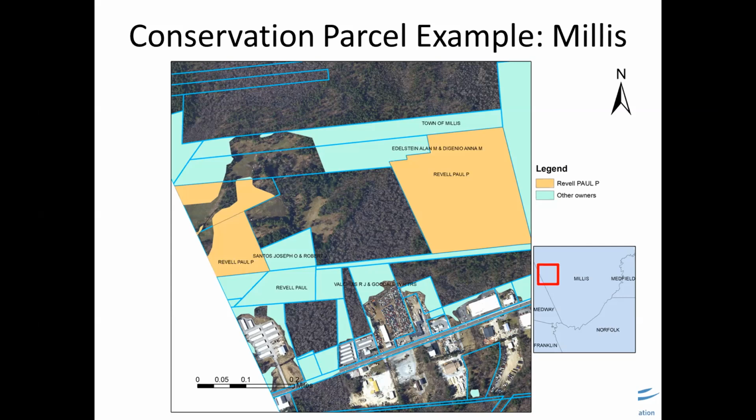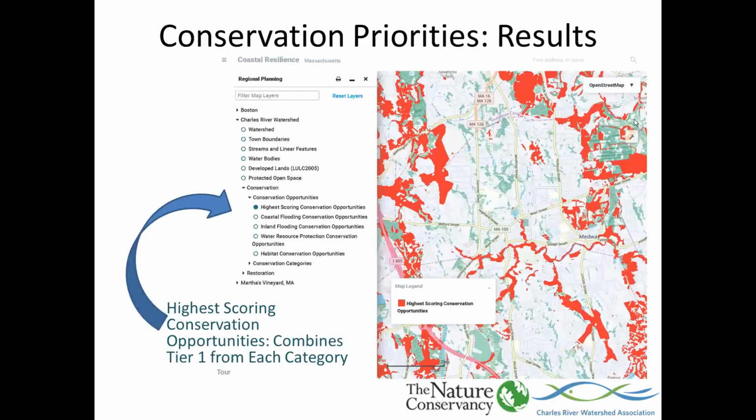Maybe even some of these are owned by the same person. So it might help you start a conversation, or think about your conservation prioritization a bit differently, or bring some new information into that conservation conversation.